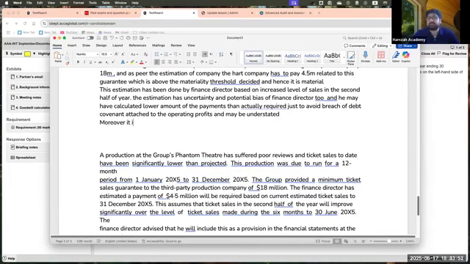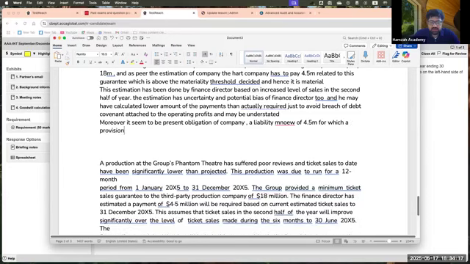Moreover, it seems to be a present obligation of the company, a liability now of 4.5 million, for which a provision should be recorded in the financial statements.